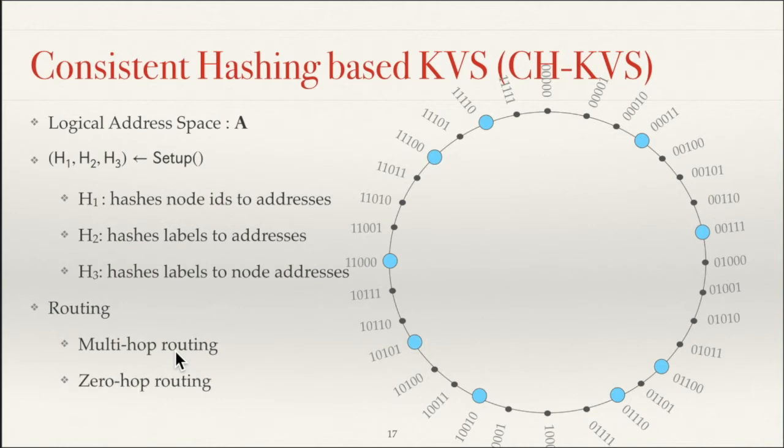Whereas in a zero-hop routing protocol, all the nodes can talk to each other directly, so there are no intermediate hops. I'm not going to describe how specifically these routing protocols work because they differ from one key value store to another, and it's also not important for our purposes. I'll just skip it, but just know that there exists a routing protocol for each key value store.